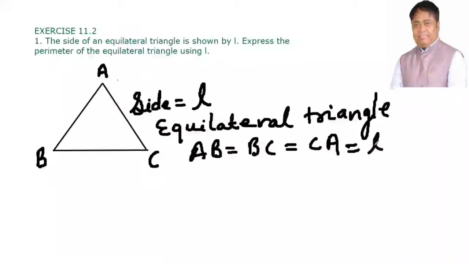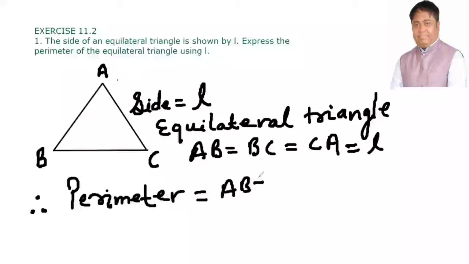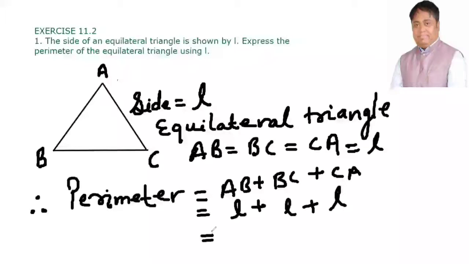All are equal to L. So perimeter will be equal to, therefore perimeter will be equal to AB plus BC plus CA will be equal to L plus L plus L will be equal to 3L. If you have understood, raise your hand.